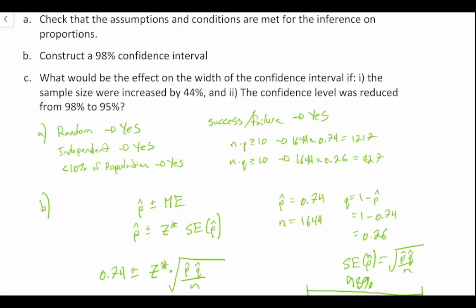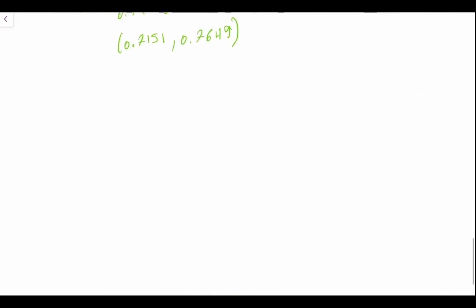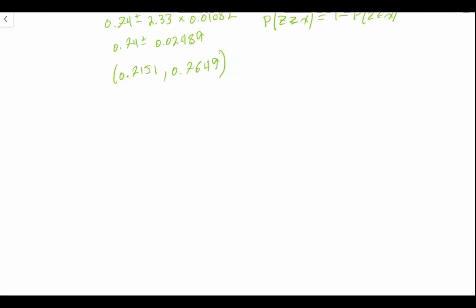So question C, what would the effect on the width of the confidence interval be if the sample size were increased by 44%? So we'll just make a little note here to our draft.